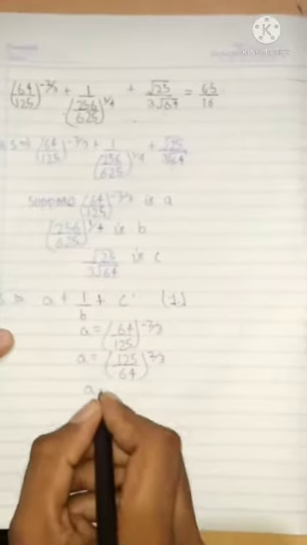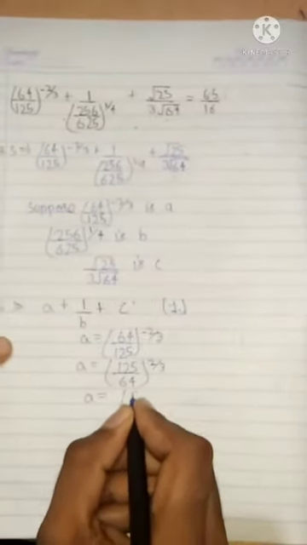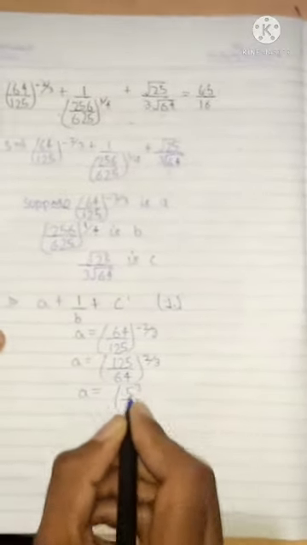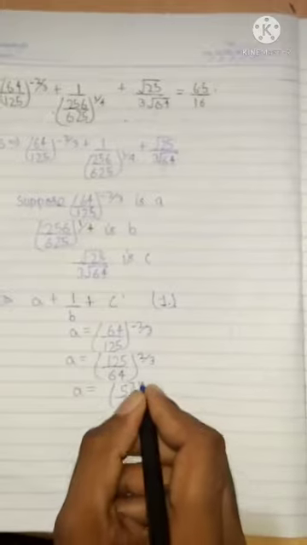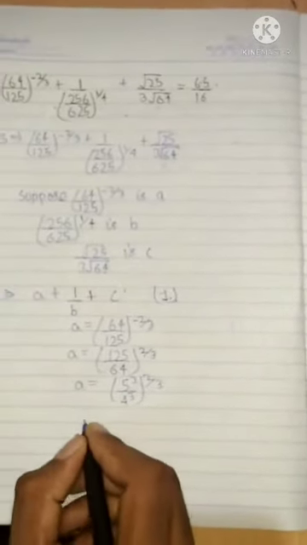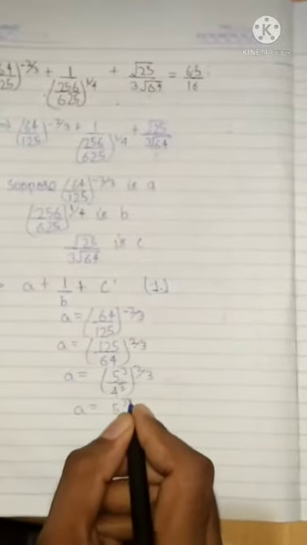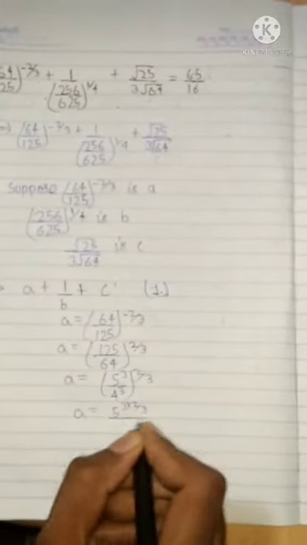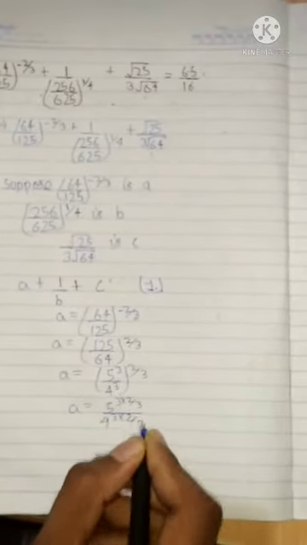What can you write 125 in the form of? 5 cube you can write, and 64 you can write 4 के power cube equal to 2 by 3. Then 5 के power 3 into 2 by 3 upon 4 के power 3 into 2 by 3.